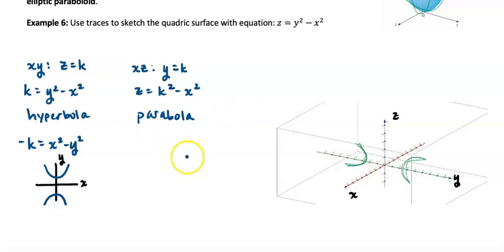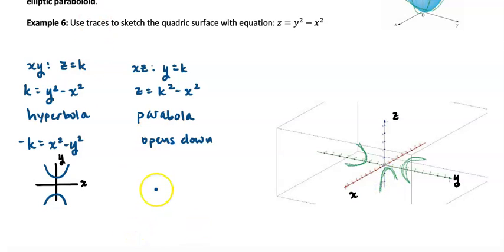And then where is it oriented? Well, it's oriented in the negative z direction. So it opens downward. And this again is on the xz plane. So we have a parabola that opens downward. So let's see, something like this.